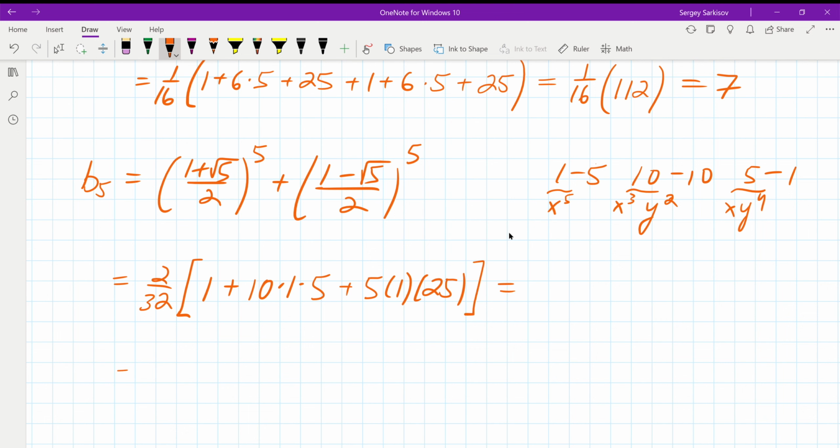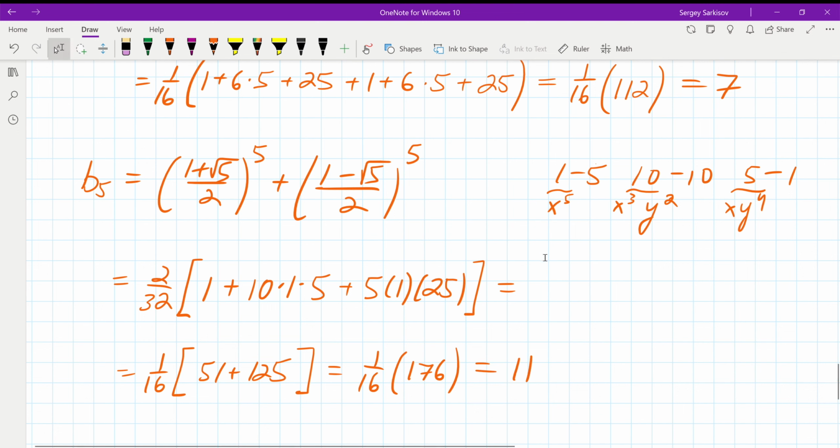And that's equal to 1/16 times 1 plus 50 plus 125. That's going to be 1/16 of, I hope I didn't mess it up, 176. Oh, that's 11. Dude, these are cool numbers, right, everyone?